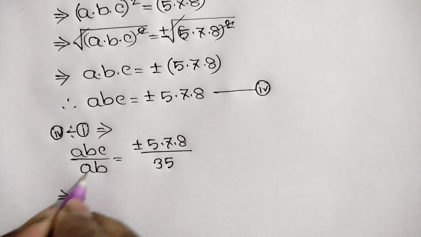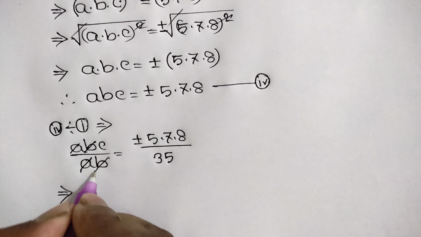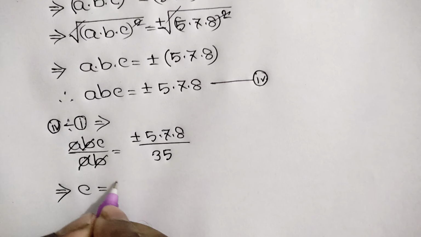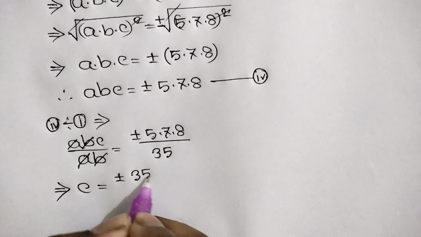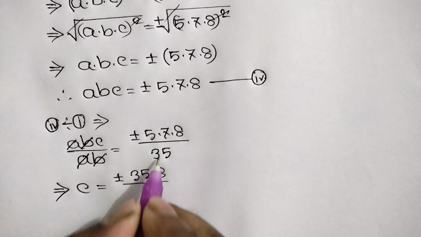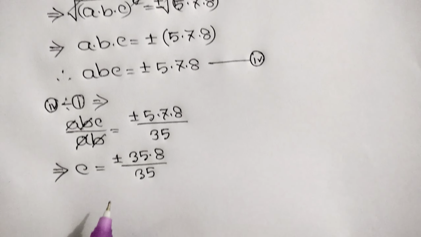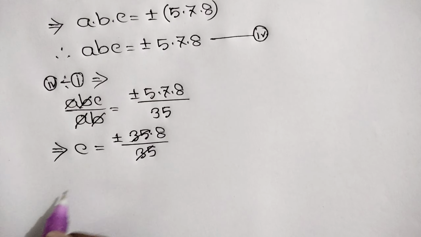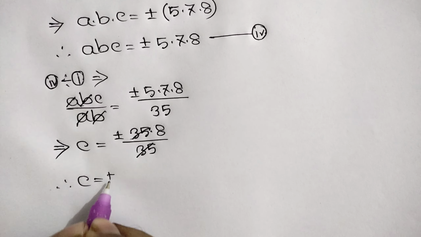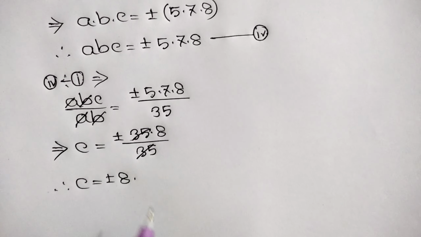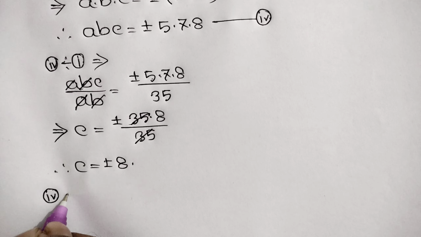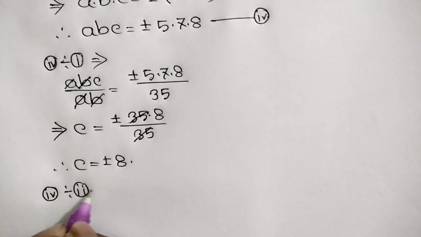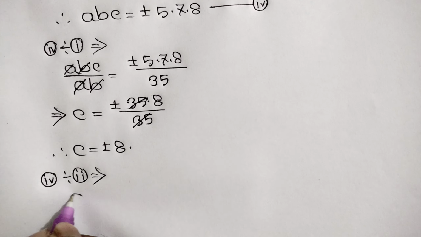Or this a cancels out this a and this b cancels out this b, so here we will get c is equal to plus or minus 5 times 7 is 35 times 8 over 35. Now this 35 cancels out this 35, so we will get the value of c is equal to plus or minus 8.